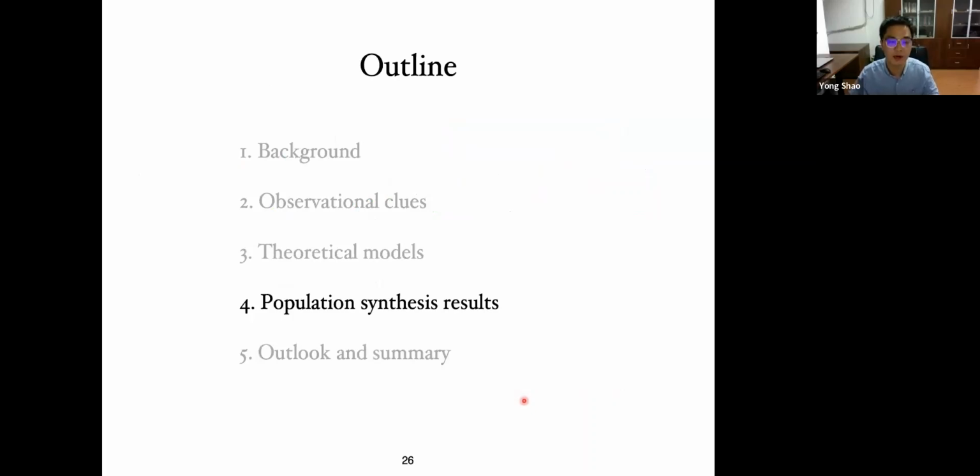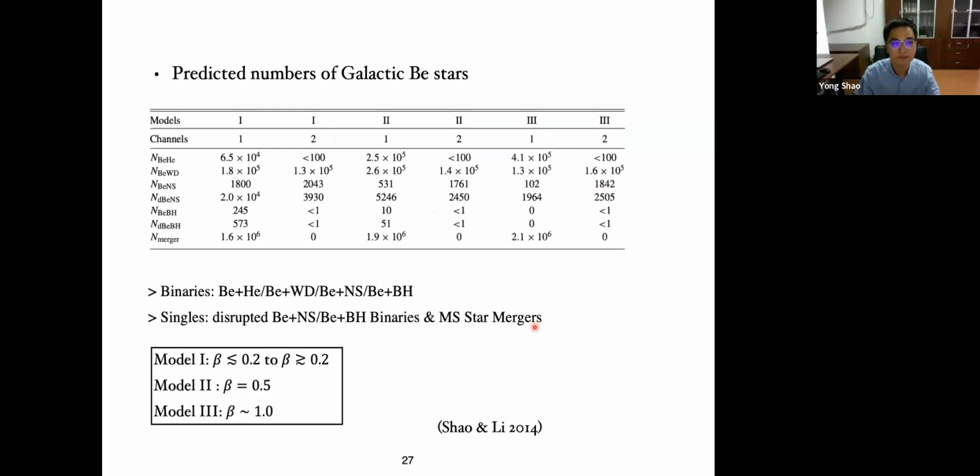Okay, next I will introduce our population synthesis results. And this table gives our predicted numbers of Galactic Be stars. We include binaries.